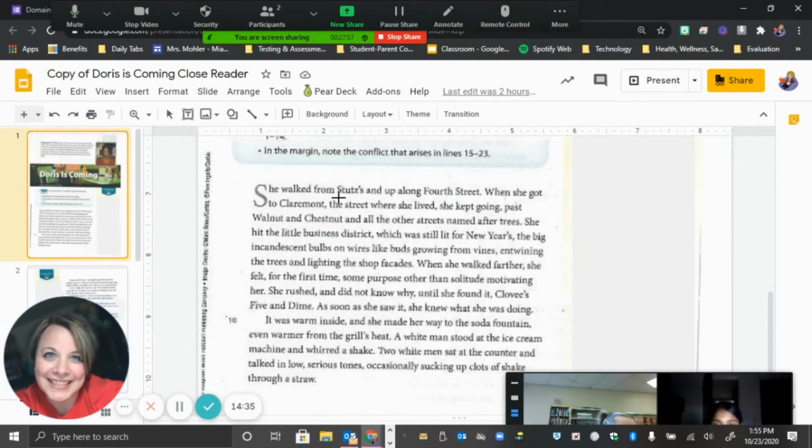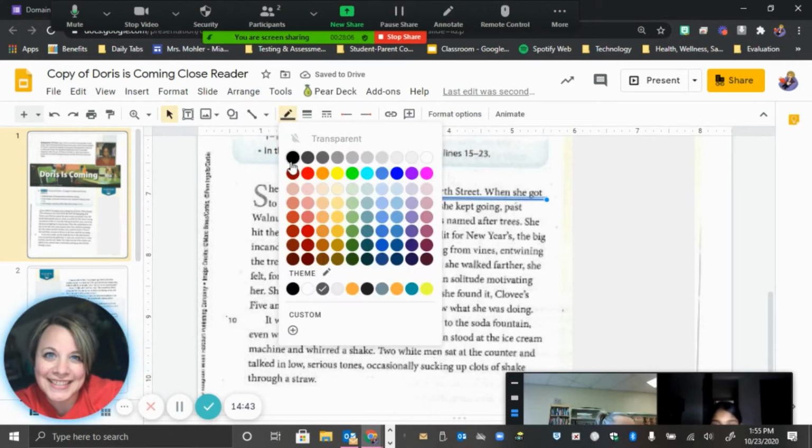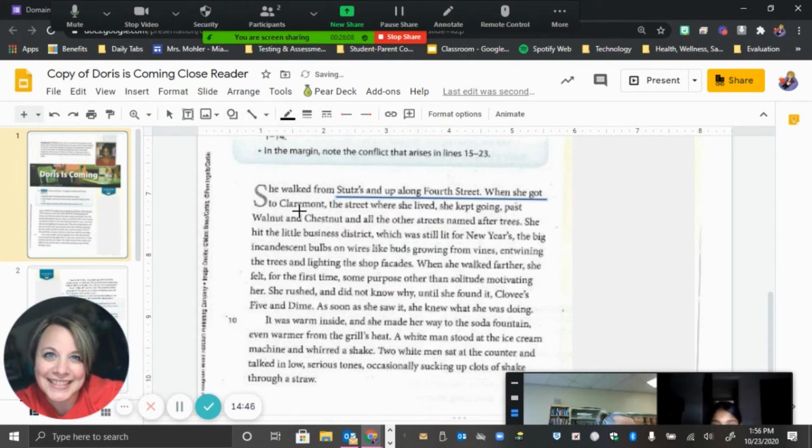Okay. We start with Stutz's up to 4th Street because that is part of my setting. To Claremont, the street where she lived, she kept going past Walnut and Chestnut and all the other streets named after trees.